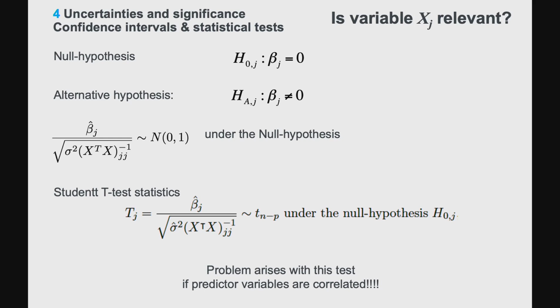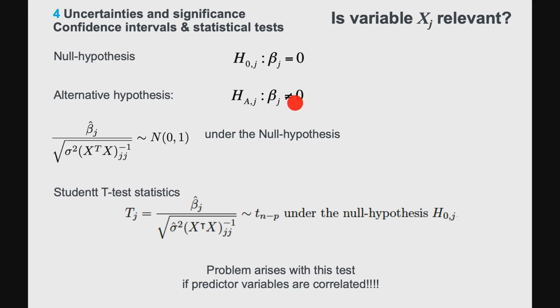And now, in this case, we look for the question, well, is one particular attribute relevant? And for this relevance, we can also apply this kind of test. Can I reject that this particular attribute is important, or is it unimportant? So beta j equals 0 means the particular predictor variable j is not needed.